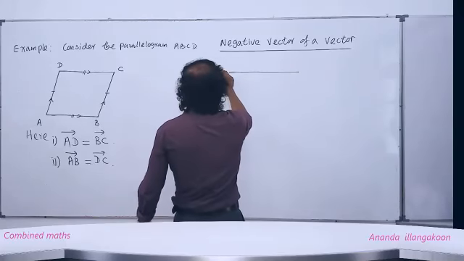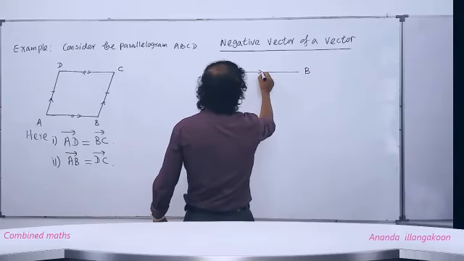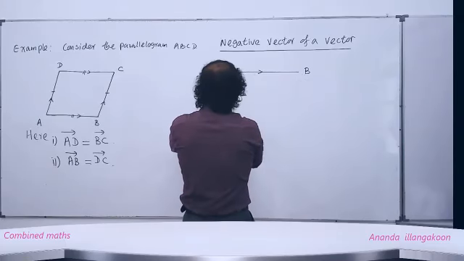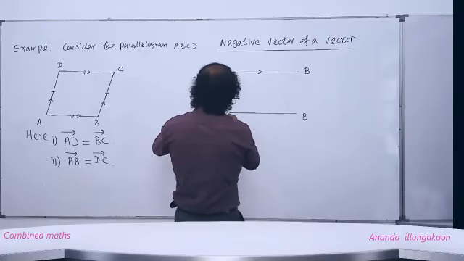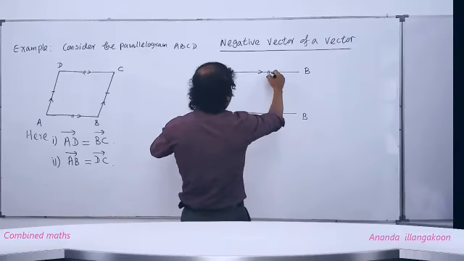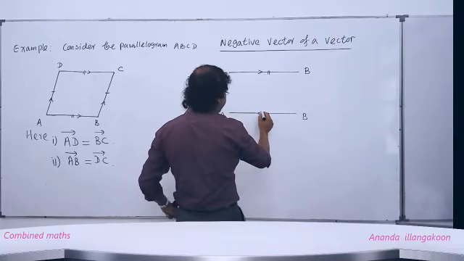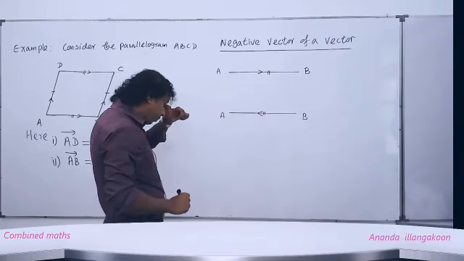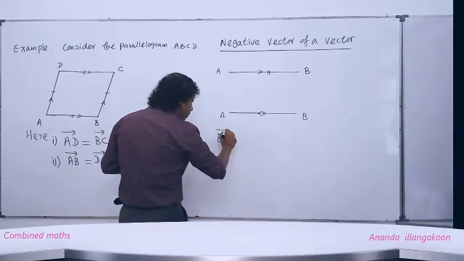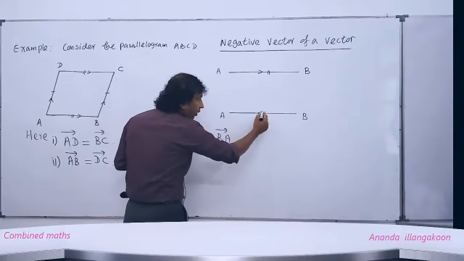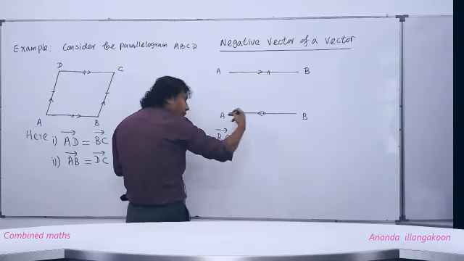Here AB vector. A to B direction is this way. I copy this AB line segment parallel to itself this way, B, A. They are equal in length. The direction is reversed. Then this BA vector is B to A. See here, always this arrowhead is pointing to what direction?